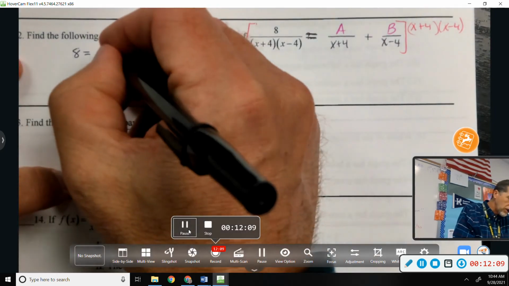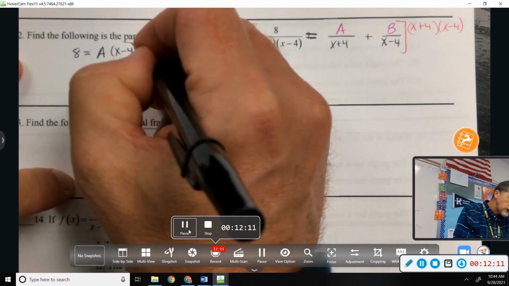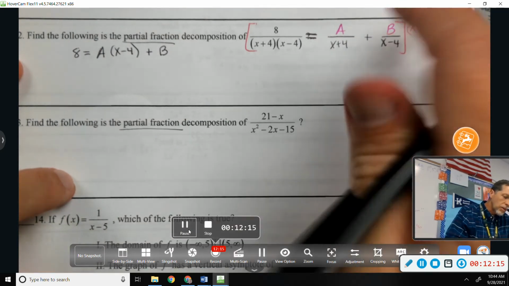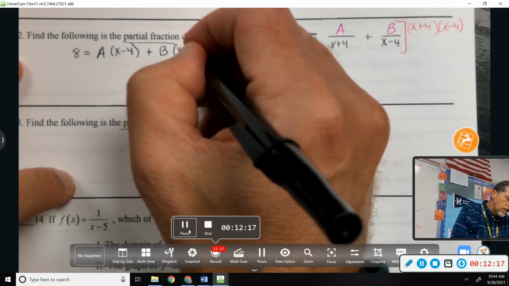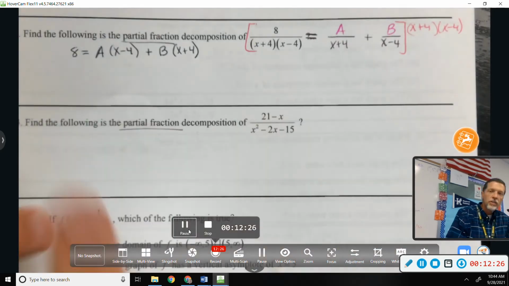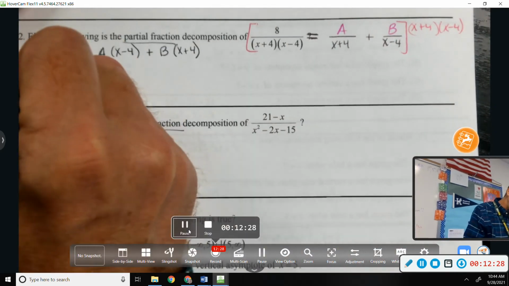X minus 4. And what's left standing with b? X plus 4. I don't understand why that's the missed point, because to me it seems pretty straightforward, but getting from here to here is one of the mistake places.